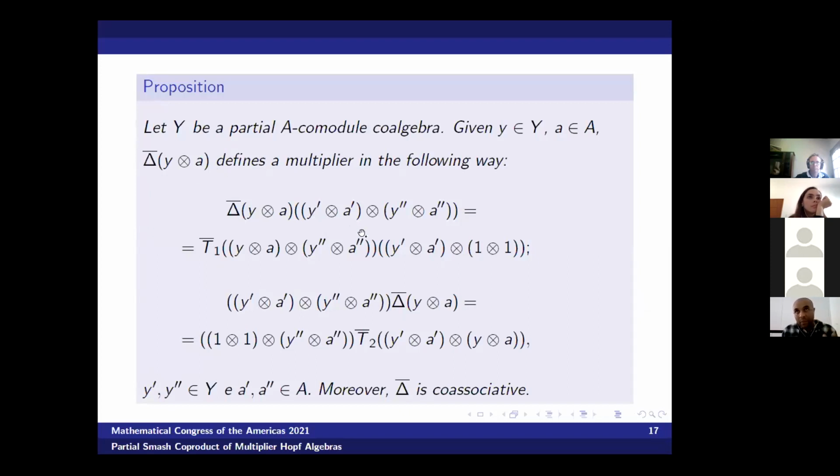We are dealing with multipliers, so all the time we have to define a left and the right side, and then prove that some compatibility holds. And here we are able to prove that this, in fact, is co-associative.